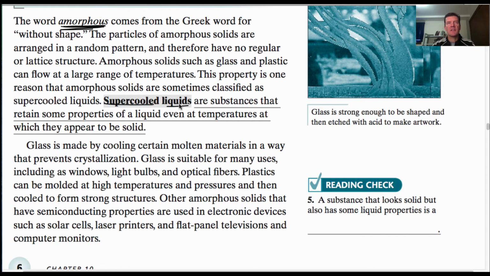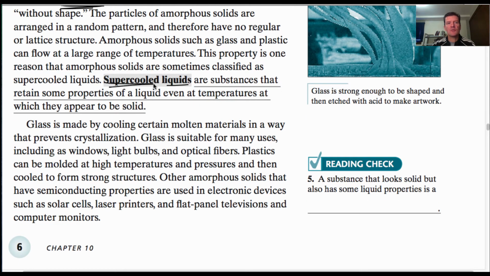They're kind of like they were liquids and then they lost their energy very quickly and the particles just kind of froze wherever they're at, very random arrangement. Because remember, liquids can roll and tumble, and then if you make it lose its energy, cool it down very quickly, those particles are just going to stay fixed wherever they're at and are not going to have time to arrange themselves in a particular pattern. Okay, so sometimes those are called supercooled liquids.